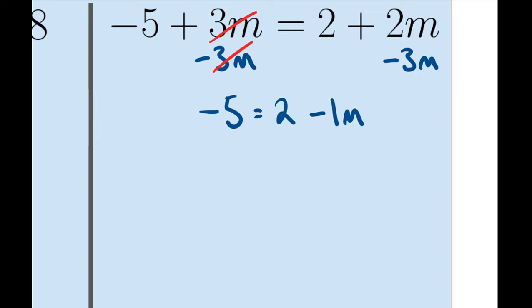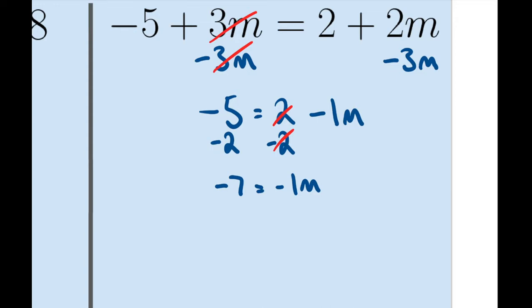Two-step equation, let's get rid of the constant. So to get rid of this positive 2, I need to subtract 2. And you might say, well, how do I know it's positive? Again, look to the sign in front. If we don't see anything, we can assume it's positive. Subtract 2 from the one side, balance it by doing it to the other. One side cancels out. I'm left with negative 7 equals negative 1m. Again, remember, we want to get the value for m, not negative 1m.